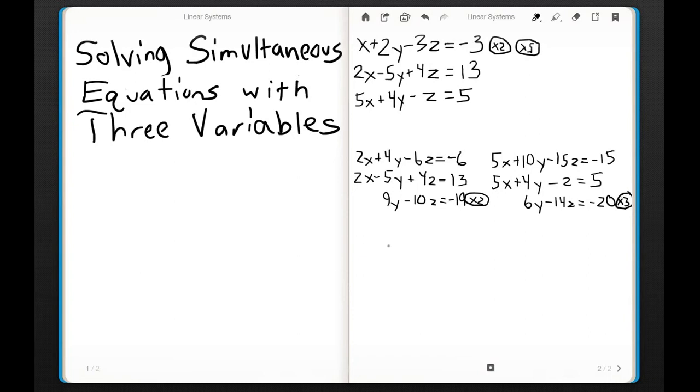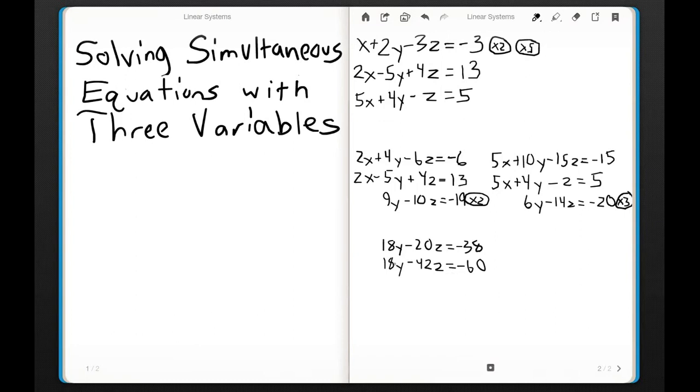So from this one, we'll get 18y minus 20z equals -38. And from this one, we'll get 18y minus 42z equals -60.